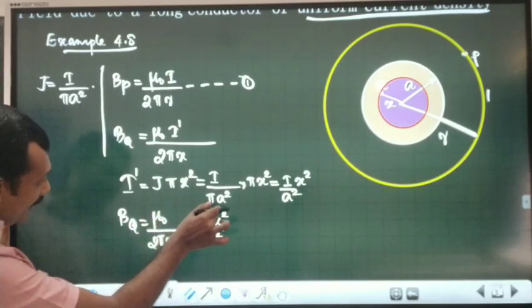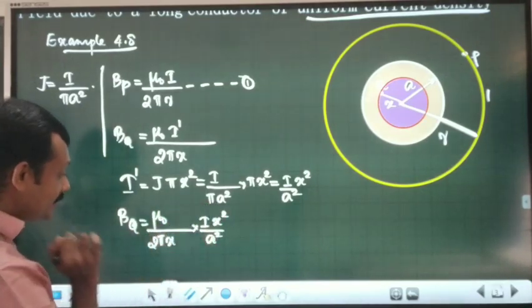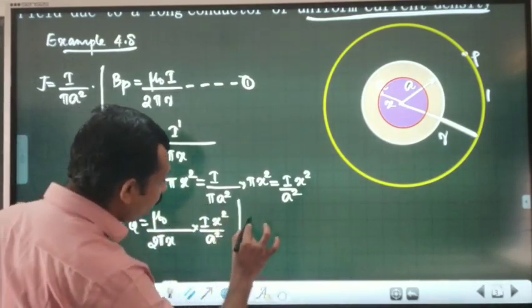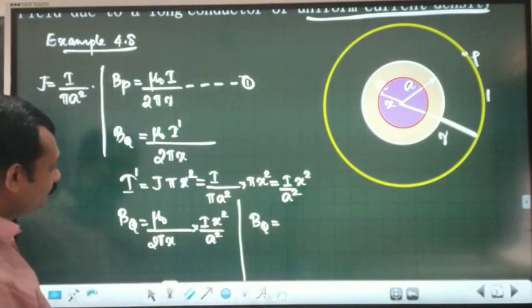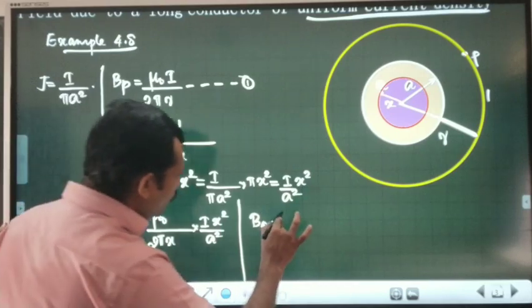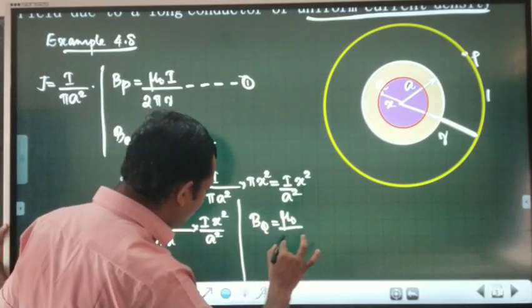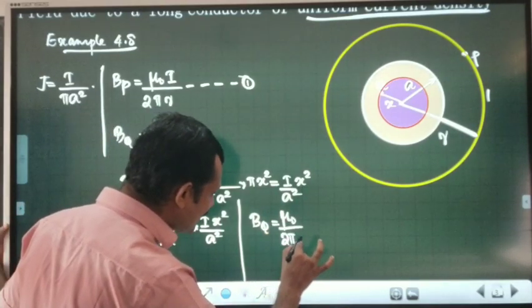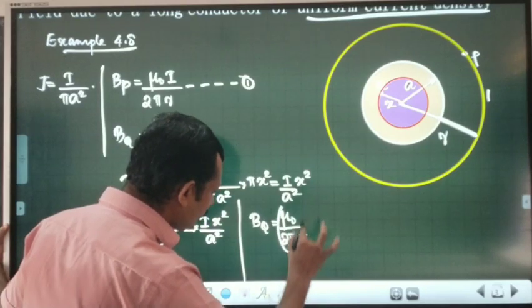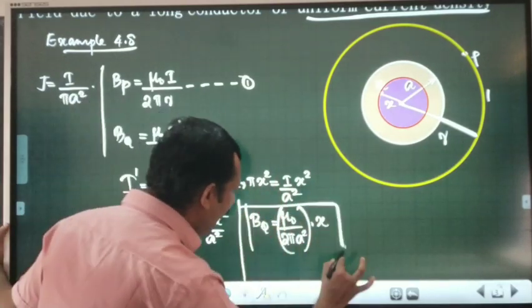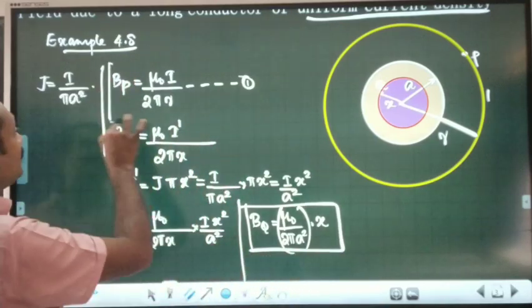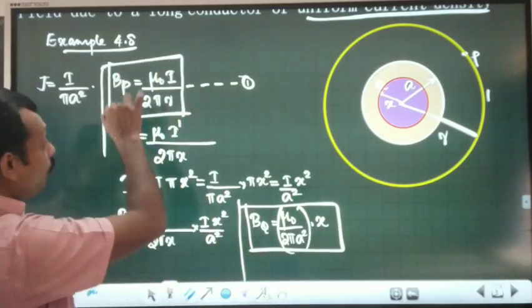Now we have an x square in the numerator and an x in the denominator, which gives BQ equal to mu 0 I divided by 2 pi a square, which is a constant, multiplied by x. So this is the magnetic field at a point inside. The earlier one is the magnetic field outside.